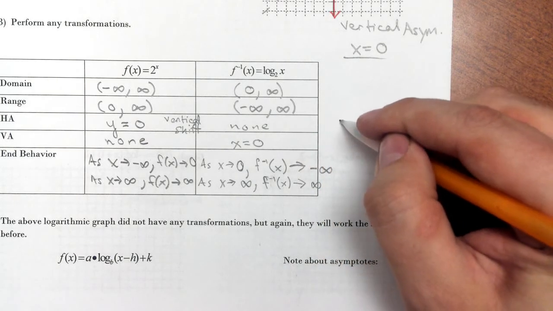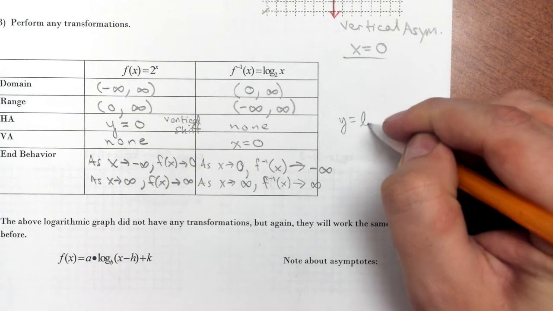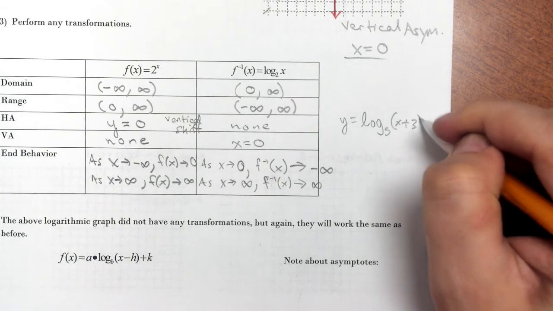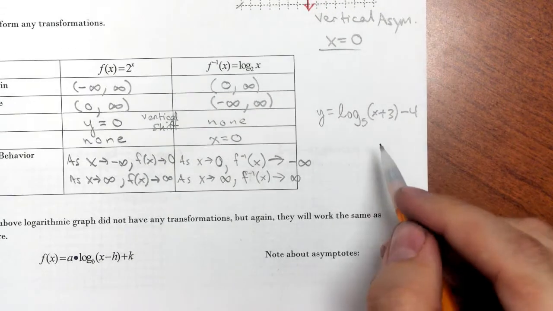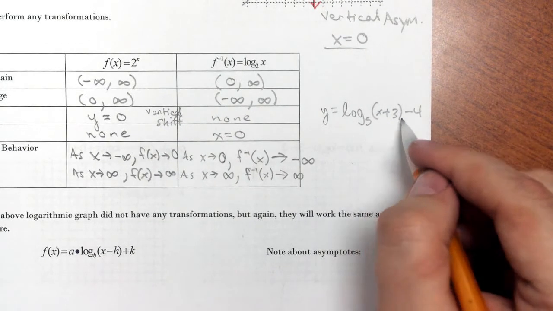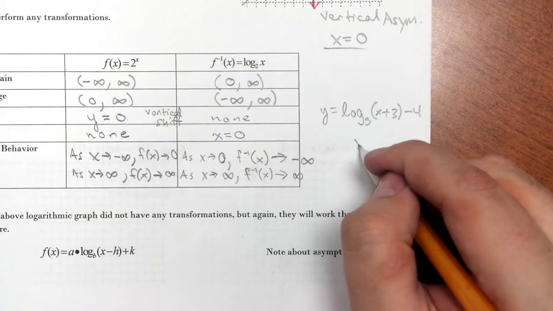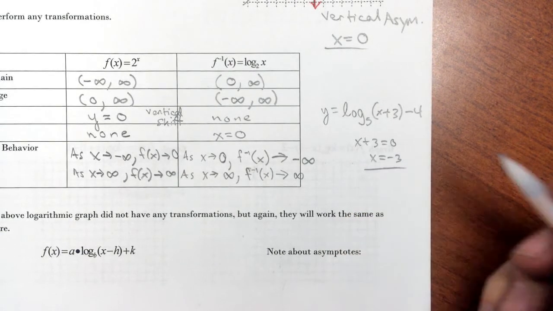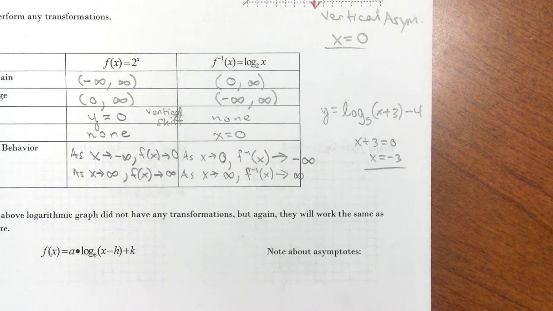So for example, if I gave you a problem where y equals the log base 5 of x plus 3, minus 4, I can look at this and say, oh, it's going 3 to the left, or I can just say x plus 3 equals 0, therefore the asymptote is x equals negative 3. So that's the general setup.